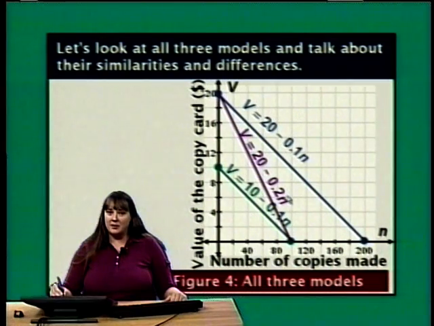But the color copies cost twice as much, 20 cents per copy, as opposed to 10 cents per copy. So the value of the color copy card is going to decrease twice as fast. So we started out with an initial value twice as great, $20, as opposed to $10. And since the color copy card was decreasing in value twice as fast, we end up with the same horizontal intercept, 100, 0, where we've used all of the money on the card.